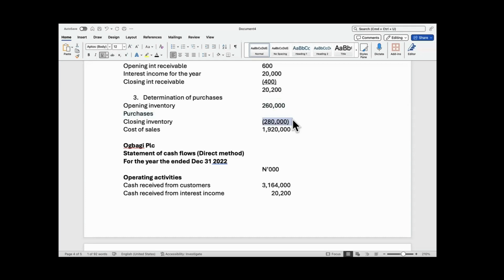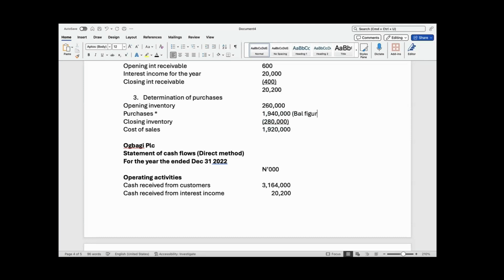That means that minus 20 is on one side. My answer is 1920. So that minus 20, I need to take it to the other side of the equation. It becomes positive, right? Then it becomes 1920 plus 20. That means this one becomes 1940. So it's like the balancing figure here.